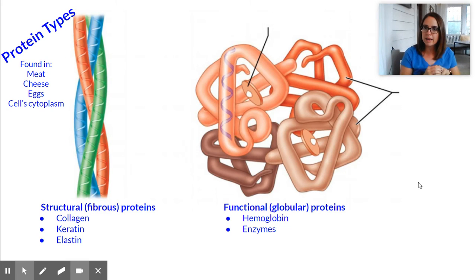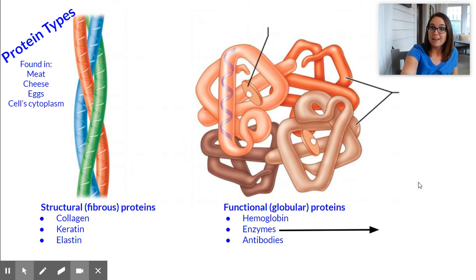They sort of act like a lock and a key for our chemical reactions in our body. And then antibodies as well, which act as special markers that our cells use to identify friend versus foe inside of our bodies. Now I want to talk about enzymes specifically here, and we're going to get into them in even more detail in a minute.